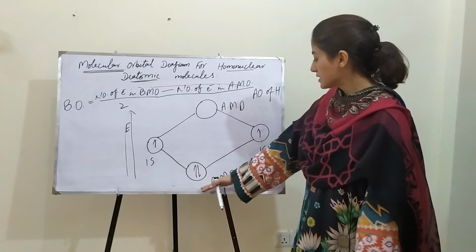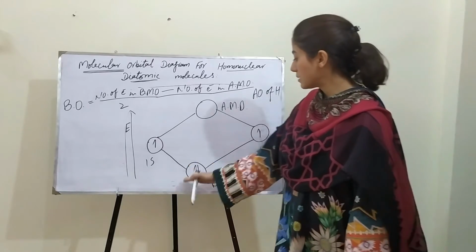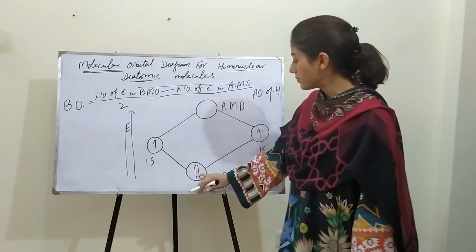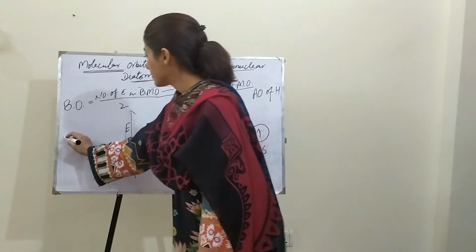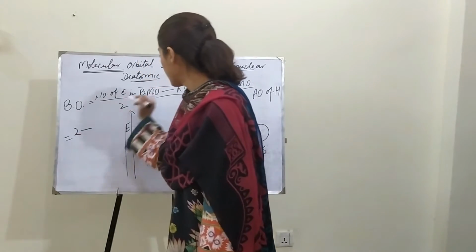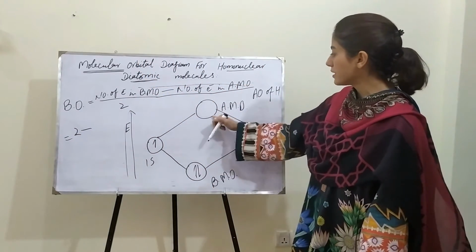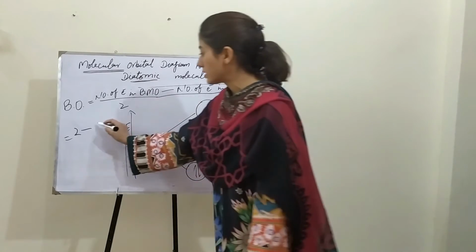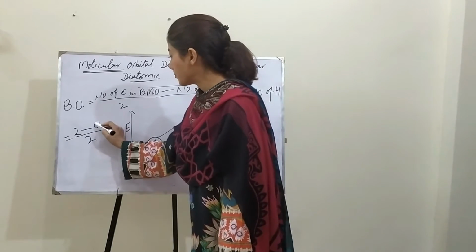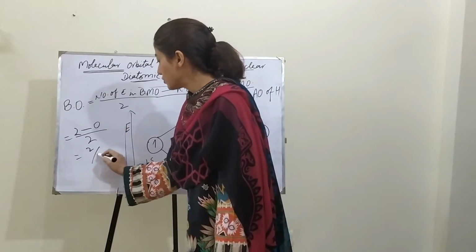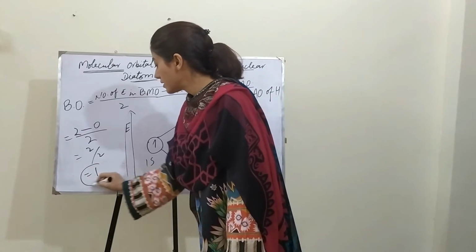So from this representation, the number of electrons in bonding molecular orbital is 2, minus the number of electrons in antibonding molecular orbital, which is 0, divided by 2. So 2 over 2 is equal to 1.